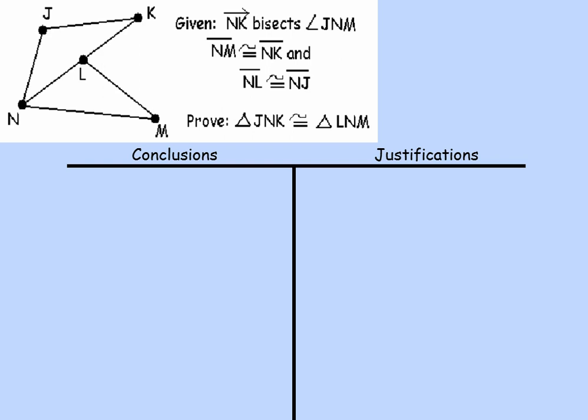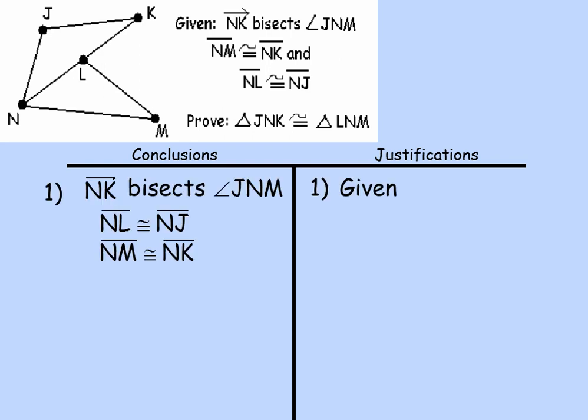So the first thing I can say about this picture is just the information that's given. I know that this ray right here, NK, bisects JNM, so this angle here is cut in half by this ray. So I have an angle right here and an angle right here, and this is in between the two angles. I know that because it's given.